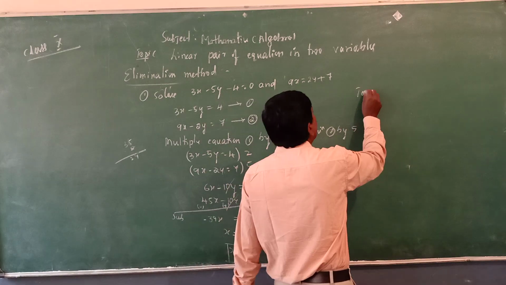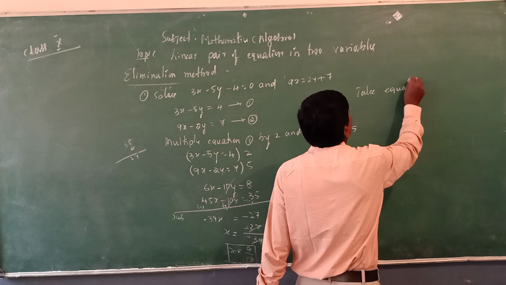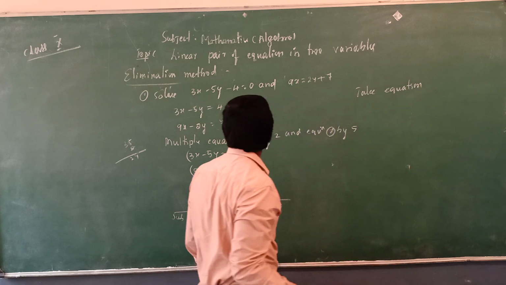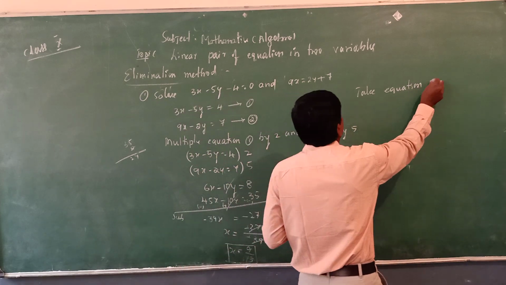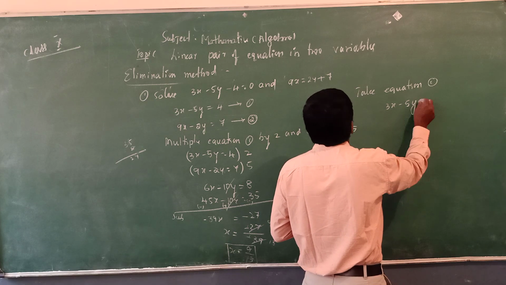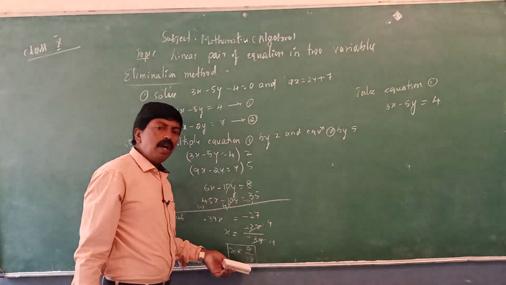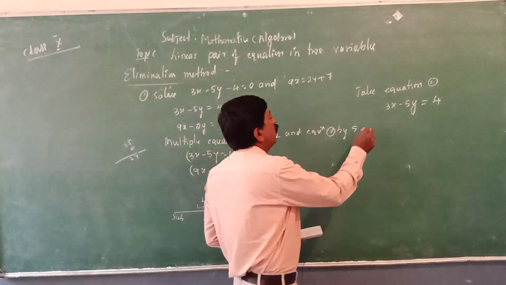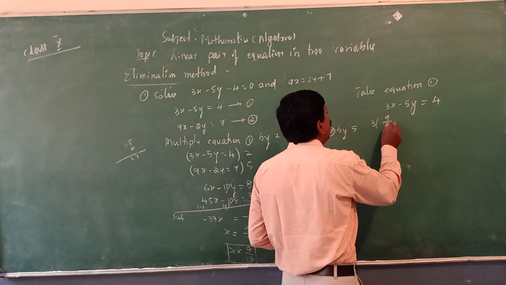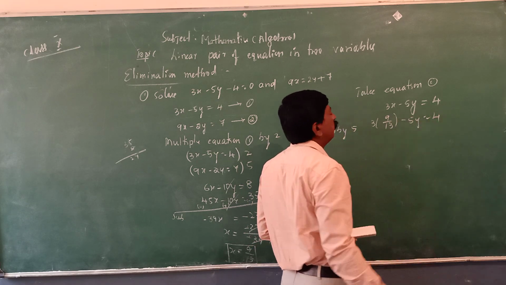Now take any one equation and find the y value. Take equation 1, that is 3x minus 5y is equal to 4. Substitute the x value, 9 by 13. So 3 into 9 by 13 minus 5y is equal to 4.